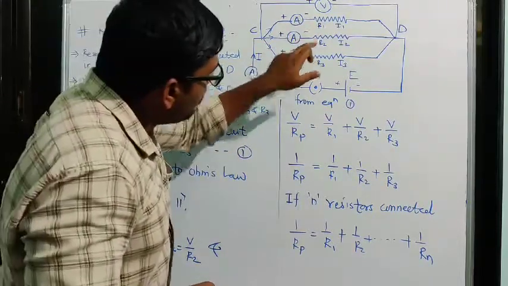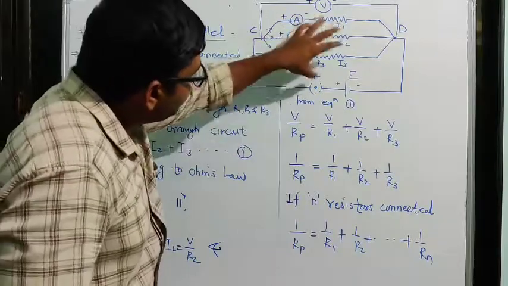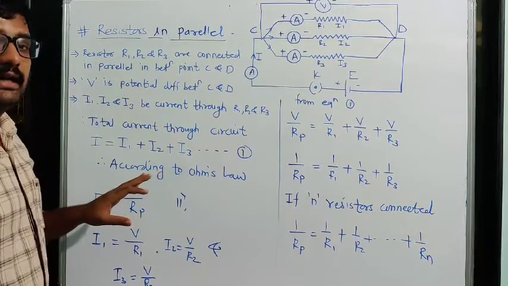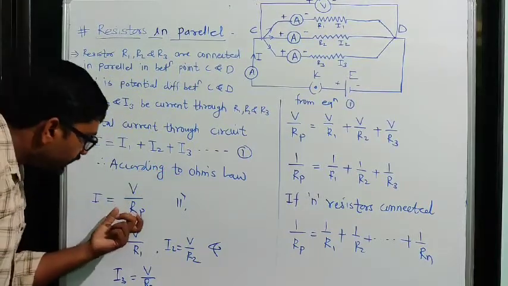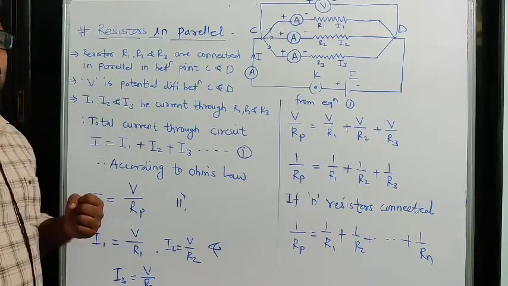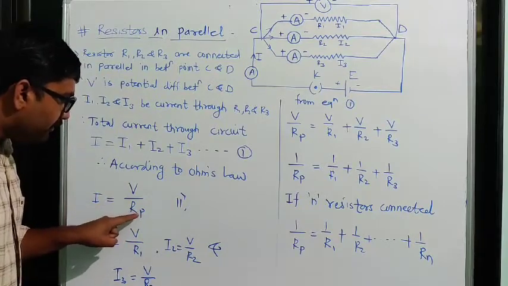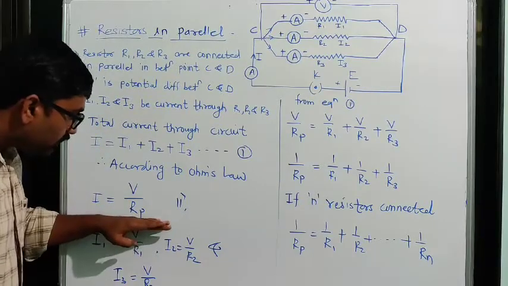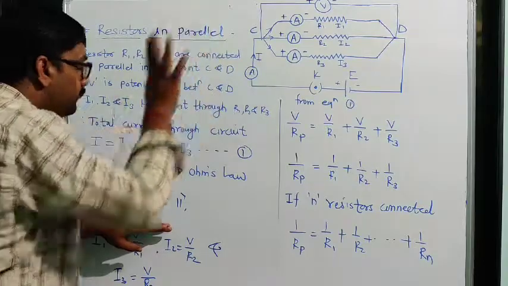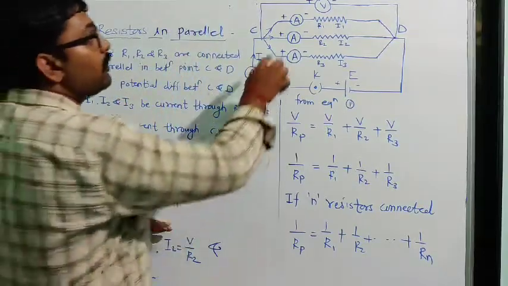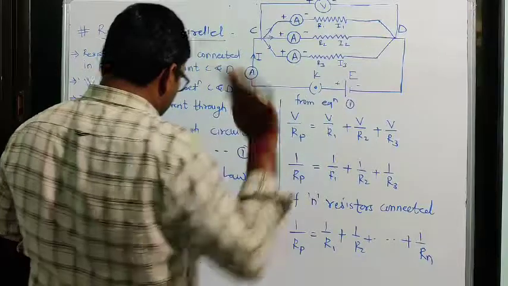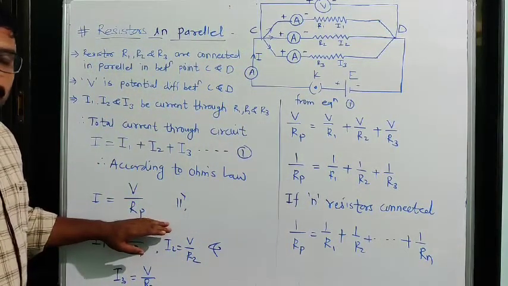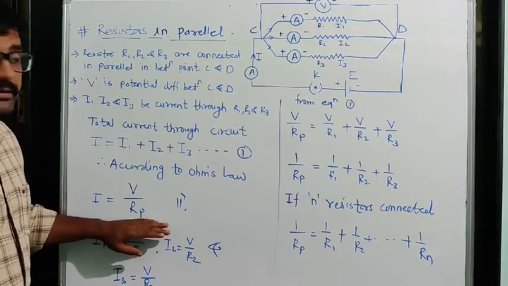So R1, R2 and R3 is the resistance of this circuit, but these three resistors are connected in a parallel way, so their total equivalent resistance we call RP. RP means total parallel resistance. So the current flowing through this circuit will be equal to this potential difference V divided by RP, that is the total parallel resistance of the circuit.